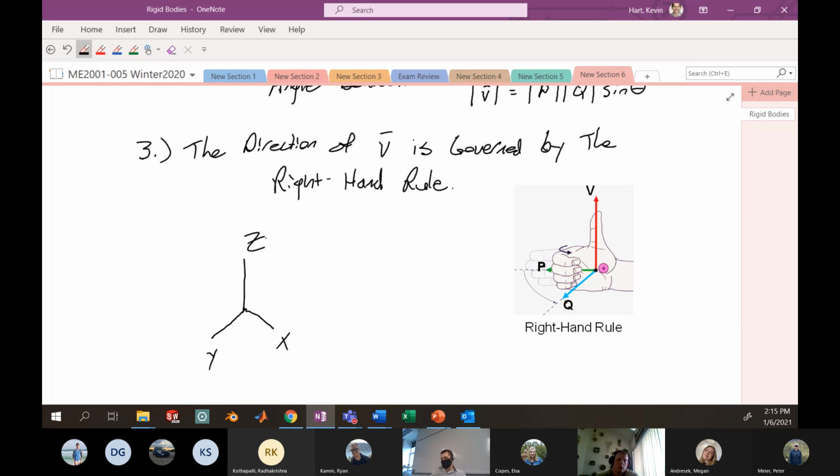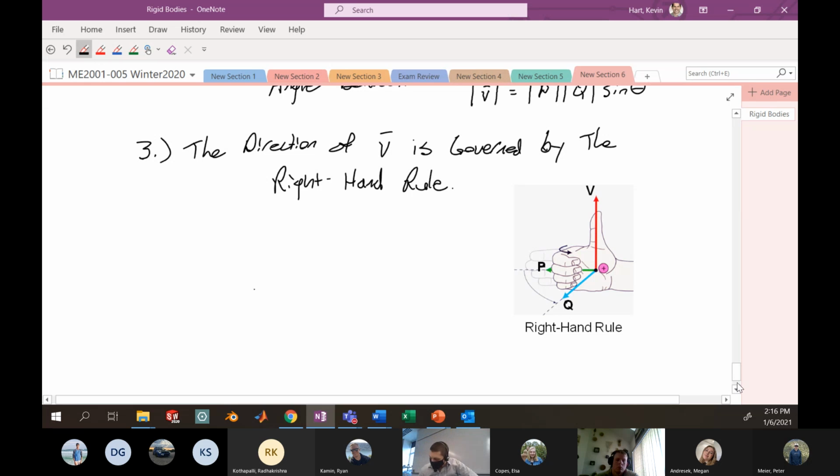So this is not a proper coordinate system. This is a left-handed coordinate system. Every coordinate system that you use in the real world, or that you should use, is right-handed: you first stick your fingers in the direction of x, curl towards y, and your thumb should be pointing in the direction of z.